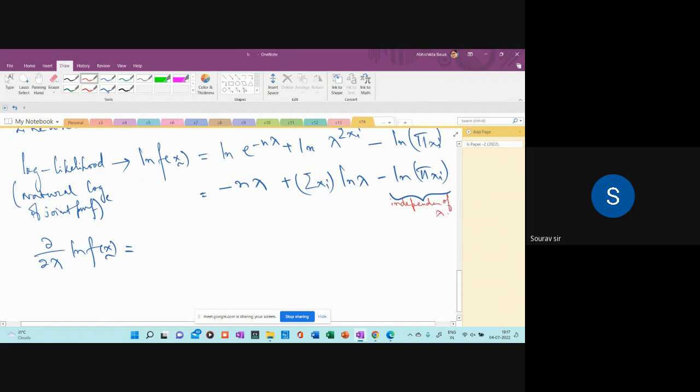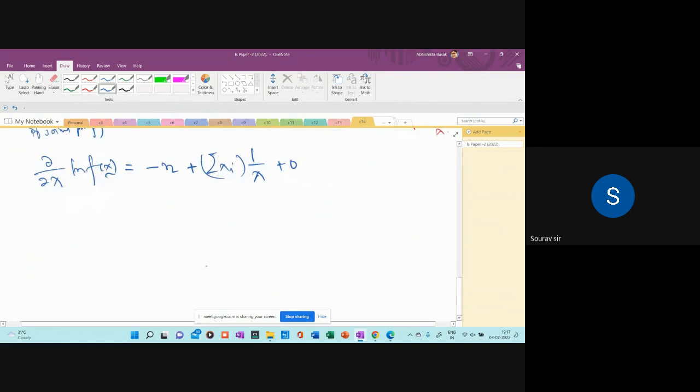Moving on to the derivative, it gives minus n plus summation xi into 1 by lambda, plus 0. Now we need to equate this first order derivative with 0. That gives summation xi by lambda equals n.